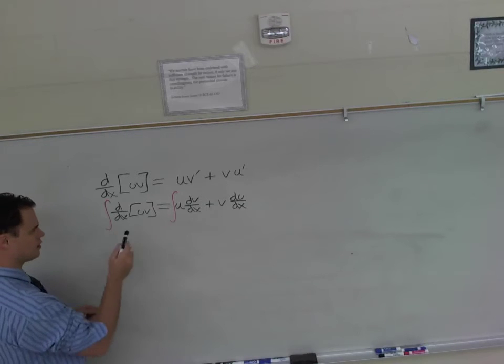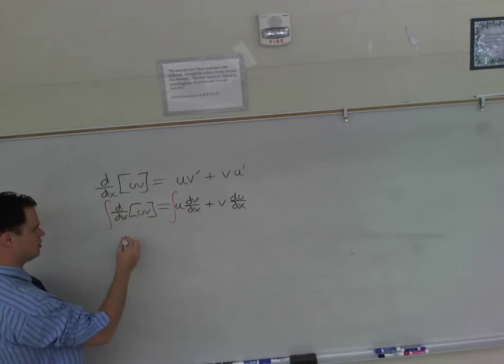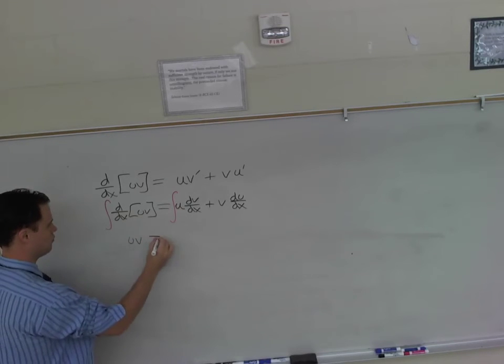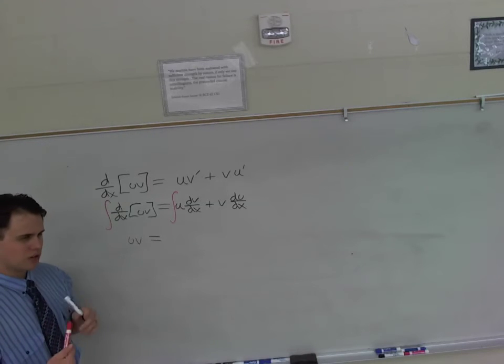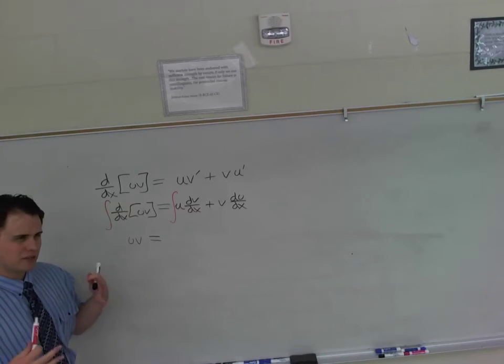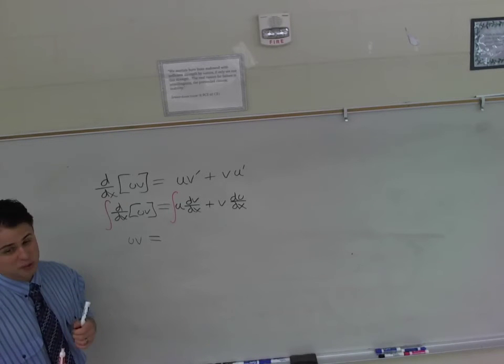So what would happen on this side? d/dx would go away. It's like a cancellation, right? That's pretty obvious, I think. uv. Well, what happens on that other side? And what should I really write with this? When I operate with an integral, what's the side effect part of the notation that always should be there? dx.